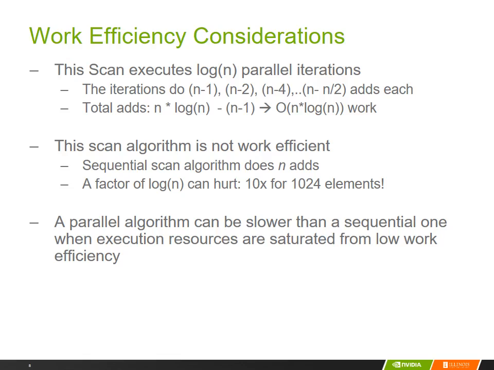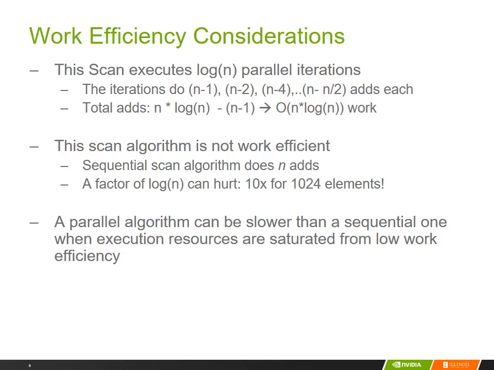However, we also need to calculate the amount of work that we need to do in order to enable this parallel execution. If we look at the amount of work that each iteration does, each iteration will do a decreasing amount of work as we increase the number of iterations.